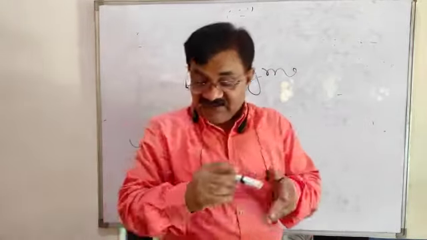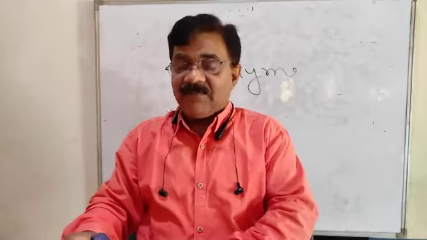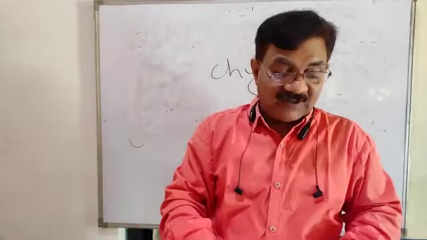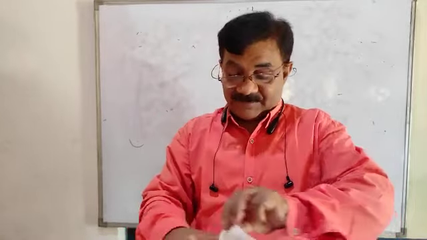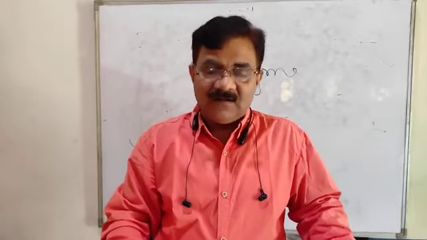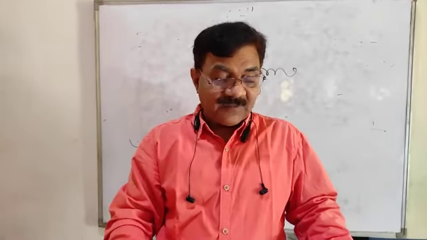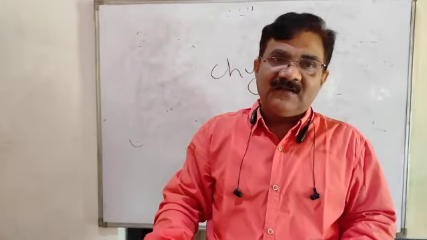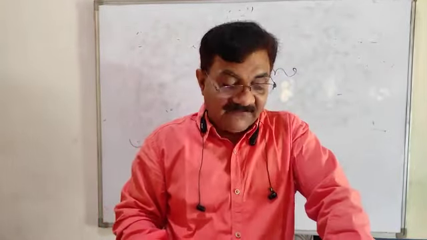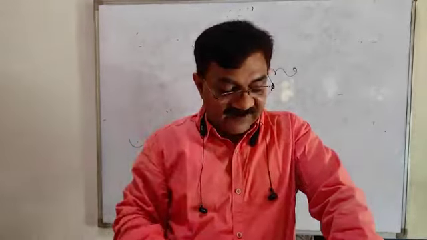Now, dear children, that chyme is moved to the small intestine. So, dear children, what we have studied today: we have discussed the salivary glands, three pairs, that is parotid, submandibular and sublingual, their location and function.